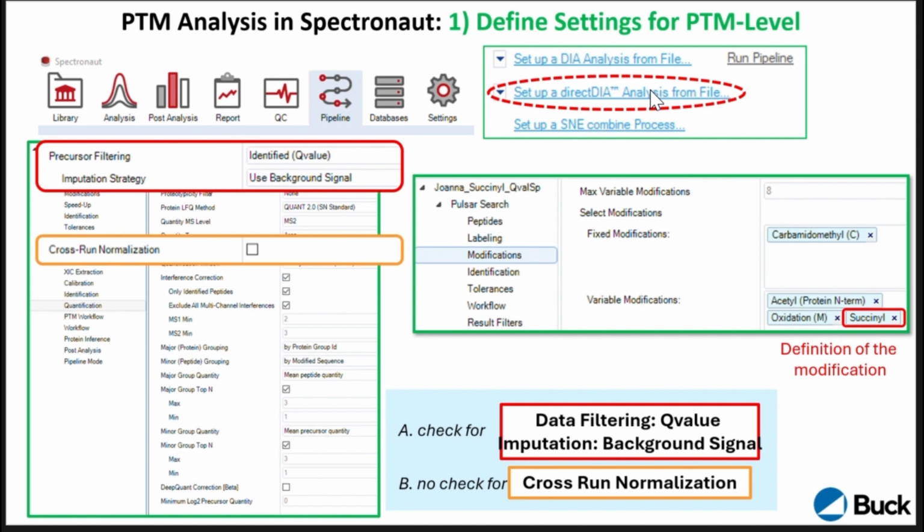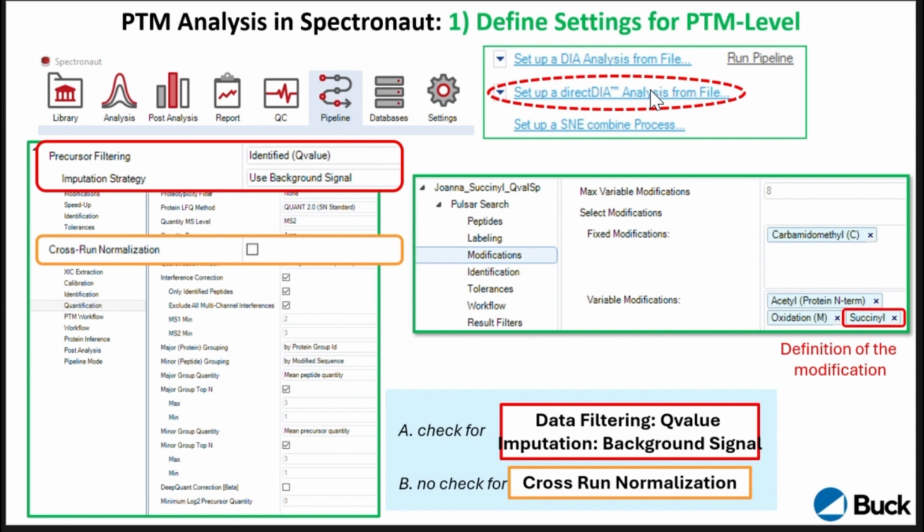I wanted to just point out a few things here. You can actually say, well, use a Q value for data filtering, and you can use imputation for the background. So in case the PTM was not found, you look in the background at what the signal would have been, so you can get the quantification values more accurate.